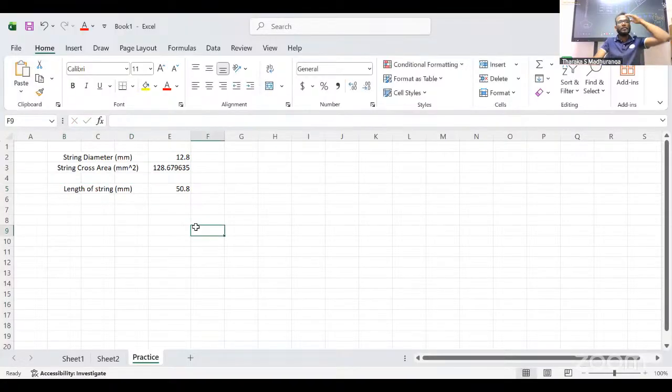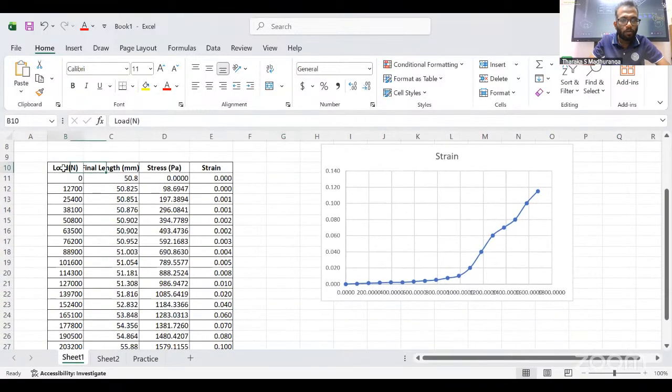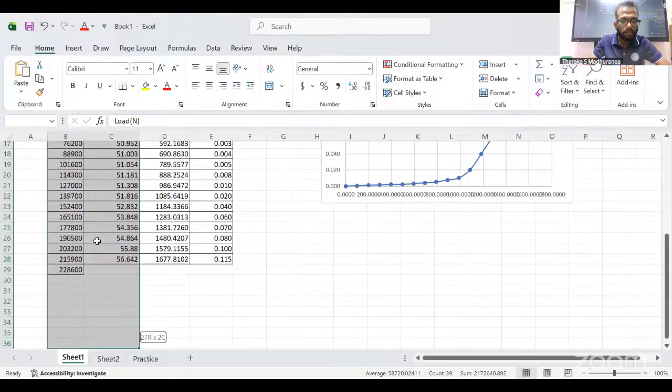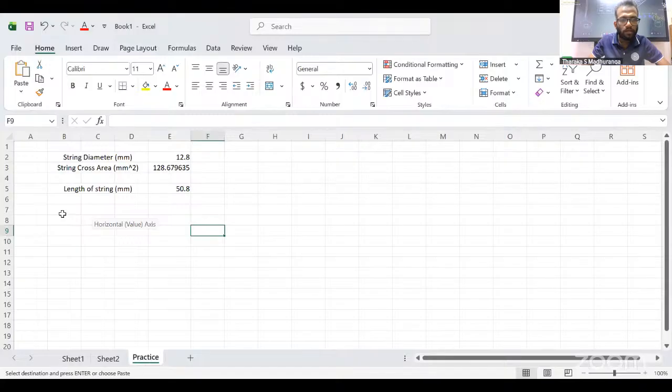Now, they are the experimental data: the load and the final length. This is the data, and you have to type this.